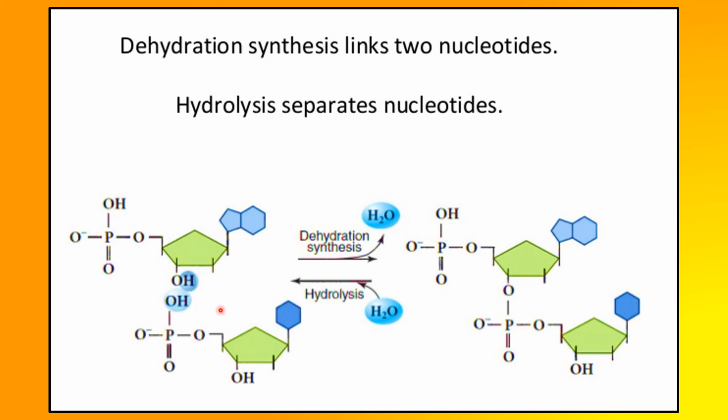And look what happens. The hydroxyl group on the number 3 carbon of 1 nucleotide gets linked up to the phosphate group of the adjacent nucleotide by the removal of water. There's your OH, there's your H, your H2O, boom, there goes your water.